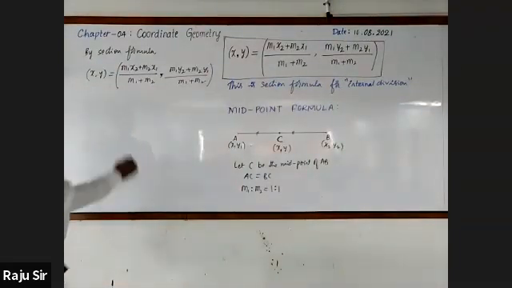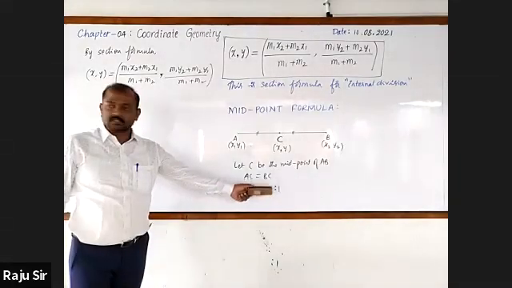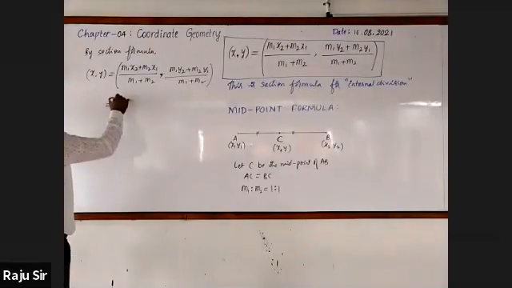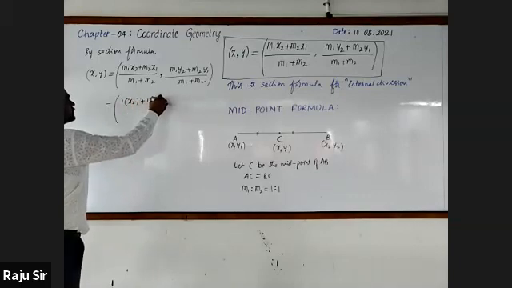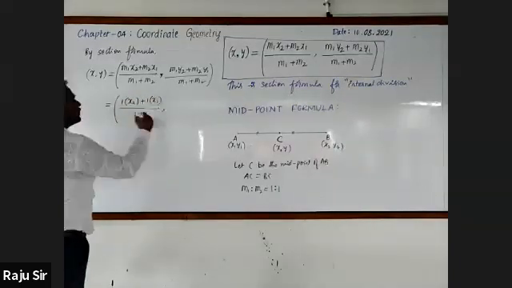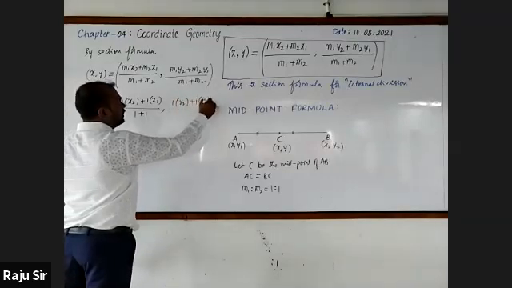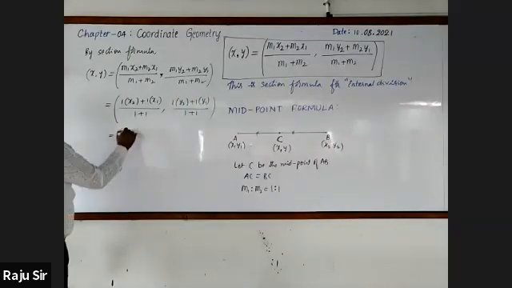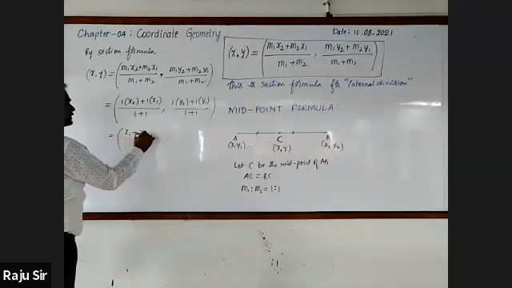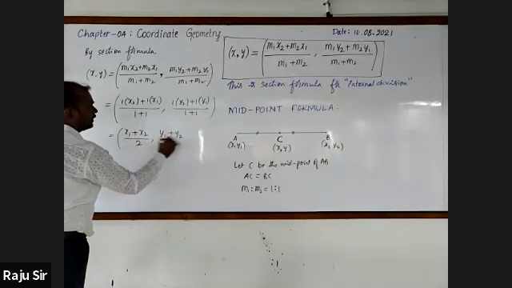Now substitute. m1 is to m2, that is 1:1. In place of m1 and m2, substitute 1. 1 into x2 plus 1 into x1 by 1 plus 1, 1 into y2 plus 1 into y1 by 1 plus 1. This can be written as x1 plus x2 by 2 and y1 plus y2 by 2.